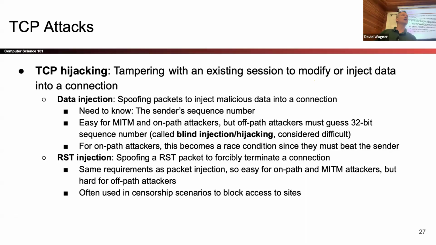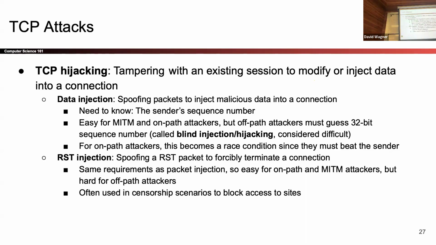Okay, so one threat with TCP is TCP hijacking. If there's an existing TCP connection, an attacker might want to modify the data in that connection or inject new data. And we already said that this is easy for a man in the middle to do. Turns out it's also not hard for an on-path attacker to do.